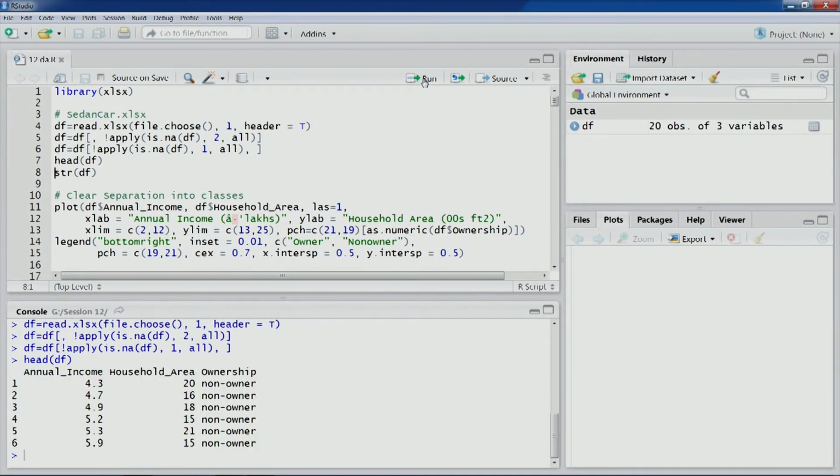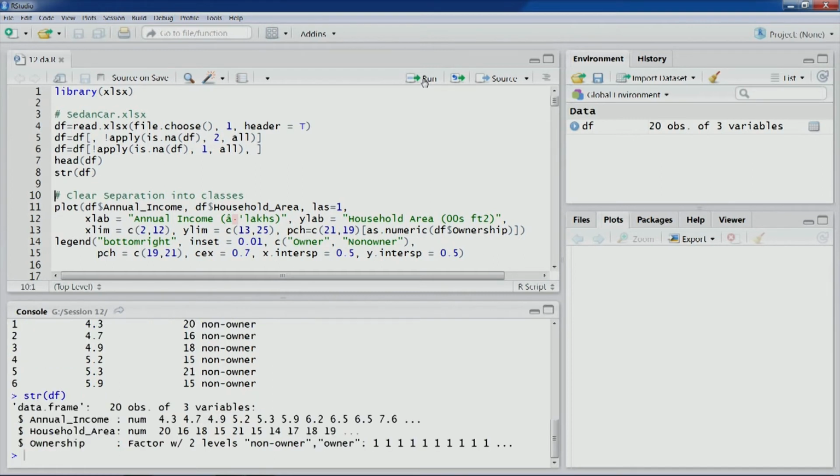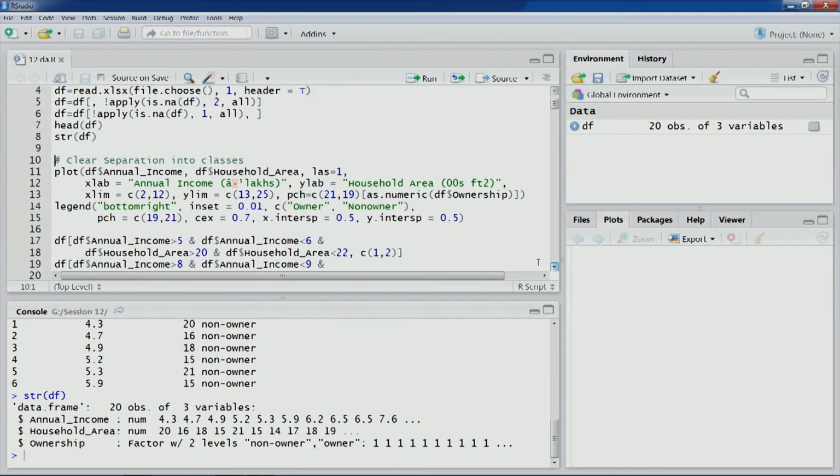These are the three variables that we already are familiar with: annual income, household area, and ownership, and this is the structure of the data frame. Annual income and household area are numeric, and ownership is a factor variable, a categorical variable. That is also our outcome variable in this case. So we have two groups, as you can see, non-owner and owner.